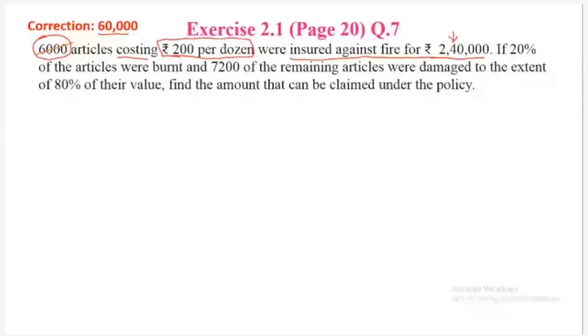If it is policy value, say poly, P-O-L-I. If it is premium, say prem, P-R-E-M. If it is loss, say loss. What is it? Insured against so and so. So this is poly. Insured amount is policy amount. Okay.